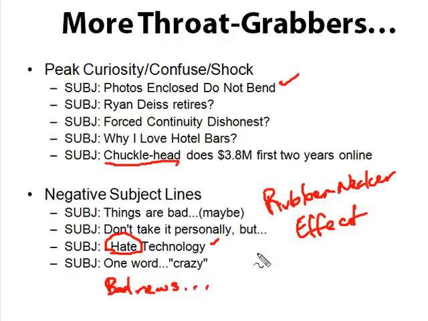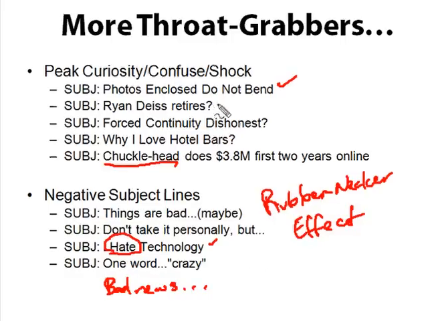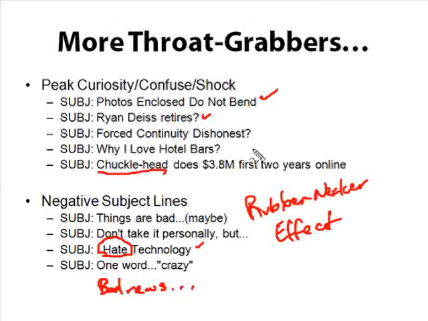But it brings up a good point: whatever you're doing, if it's confusing, if you're doing the pique and the curiosity, if you're saying the Ryan Dice retires one, or chucklehead, or village idiot, or I hate this, or you need a lawyer, or bad news, that subject line needs to be congruent with the subject of the email.